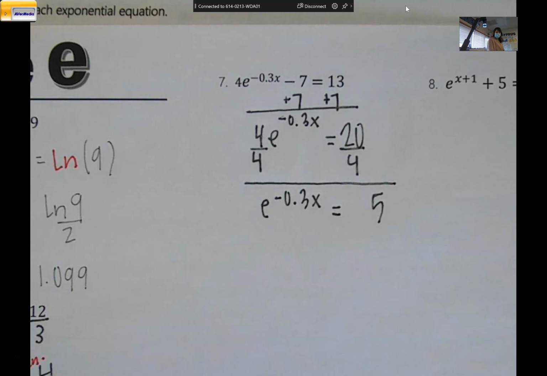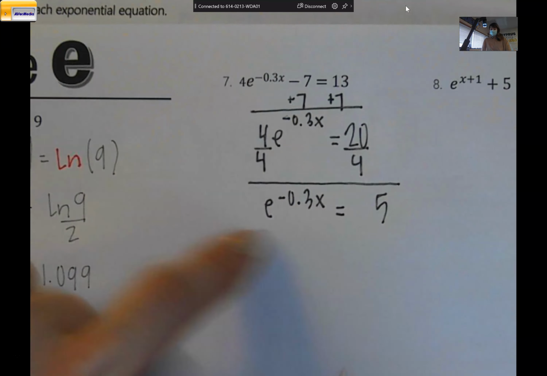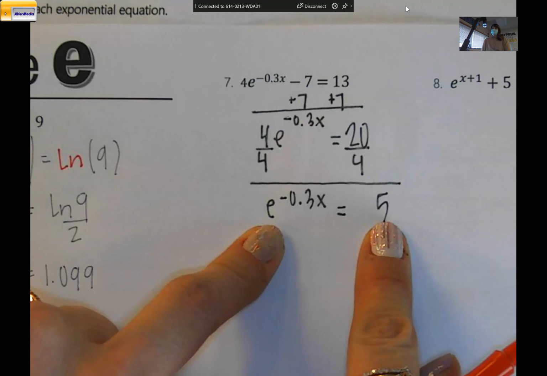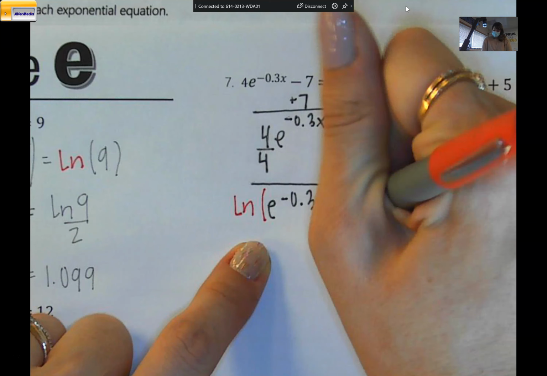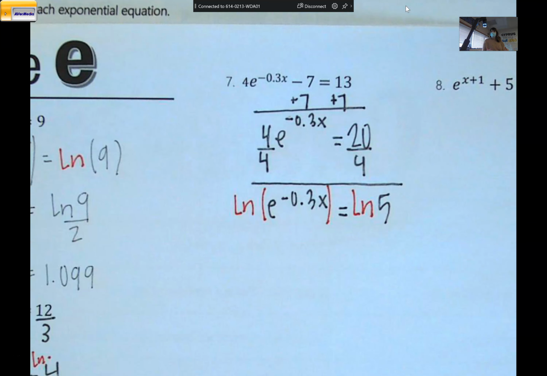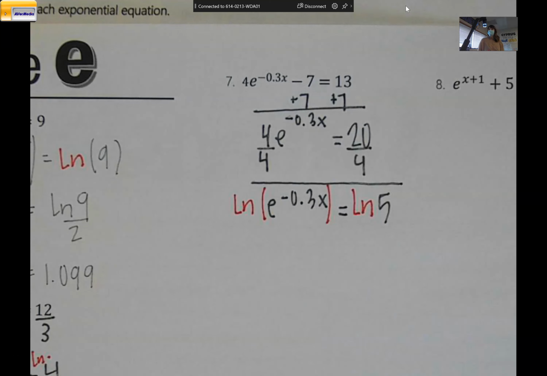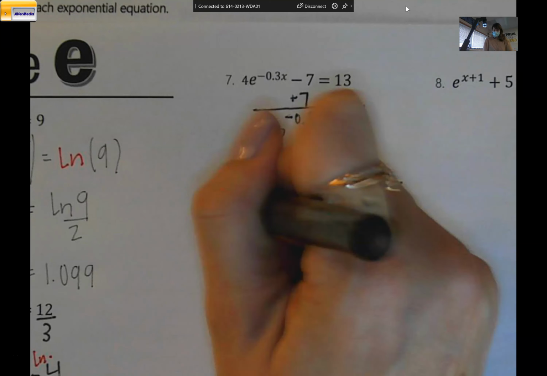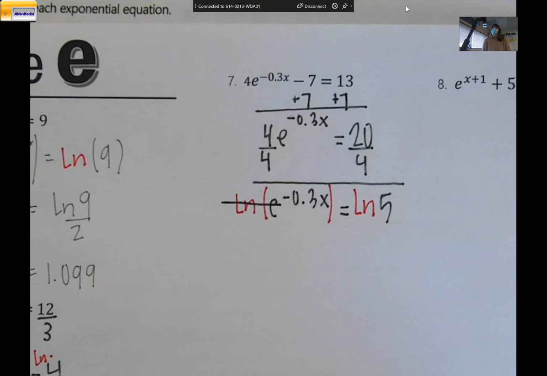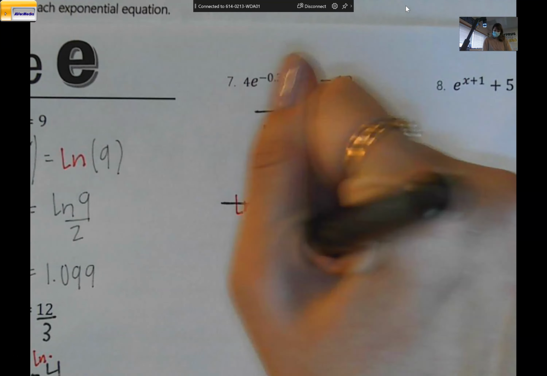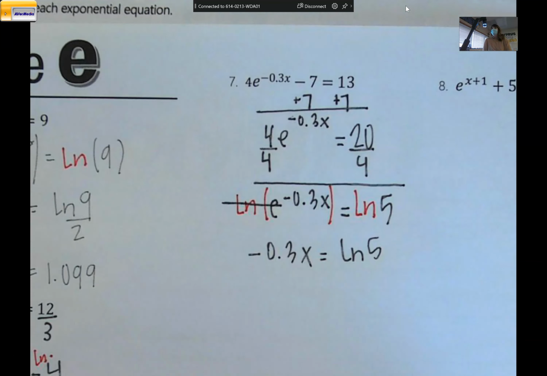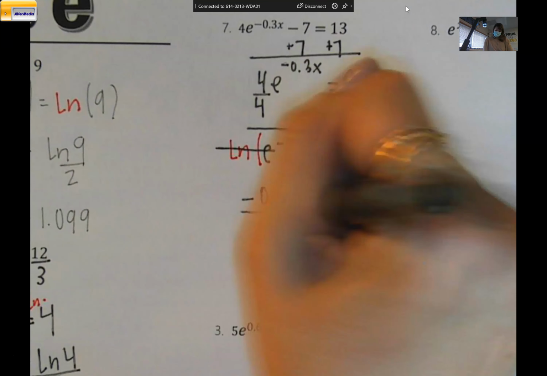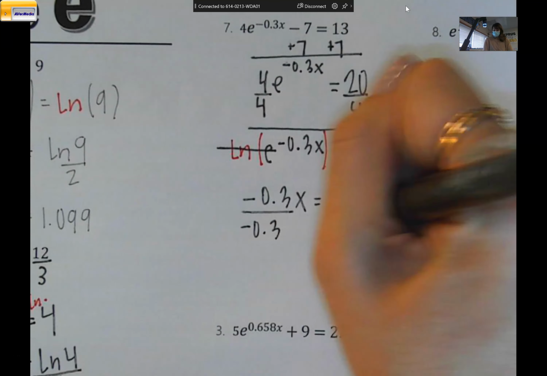And I've left a little bit of room on my paper because now that I have it here, I can just take the natural log of both sides. I don't always have to rewrite it on the next step. So these two go away, and you get negative 0.3x equals natural log 5. And then we just divide off that negative number.